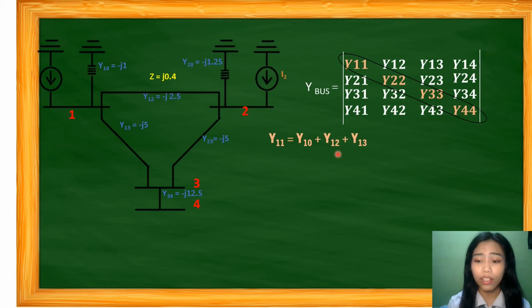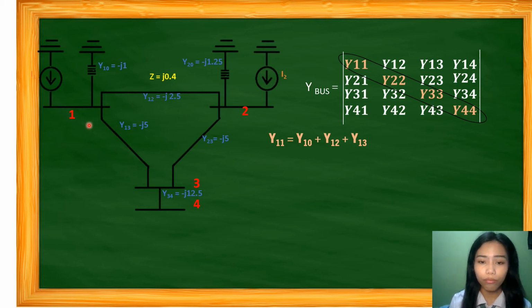As I've said earlier, the diagonal elements represent the admittance of a particular bus. It is essentially equal to the sum of all the admittances connected to a bus, which means it is the summation of the admittances connected to its bus.